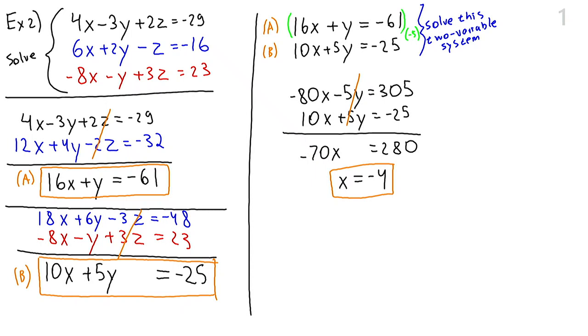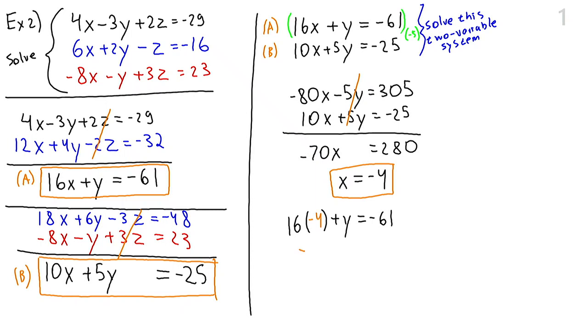And now I use any equation with x and y to figure out y. I'm going to use my first original equation, 16x plus y equals -61. So x is -4.